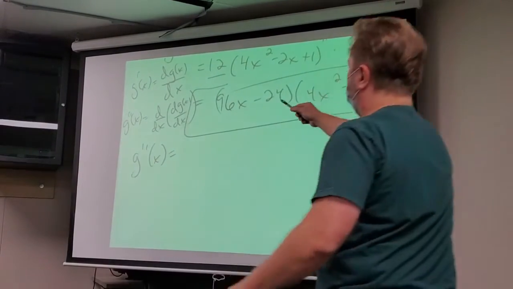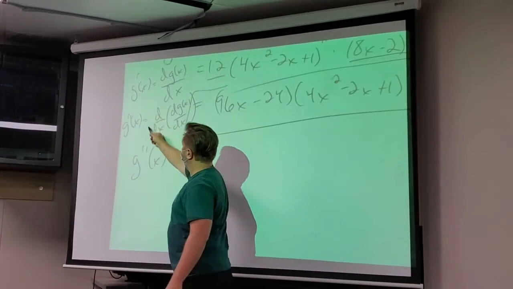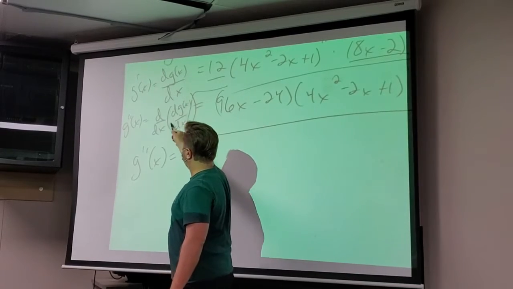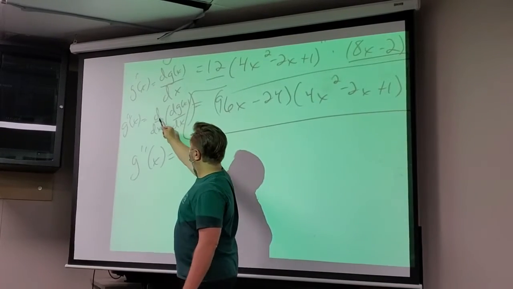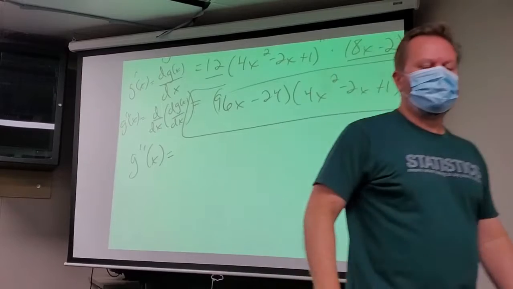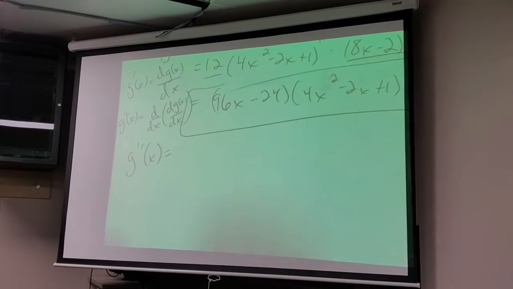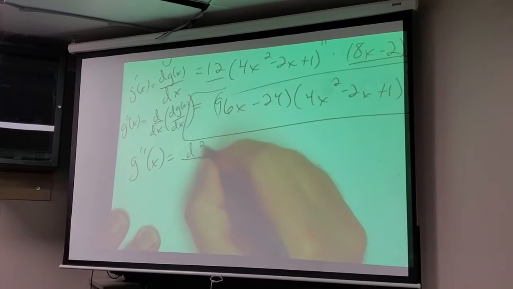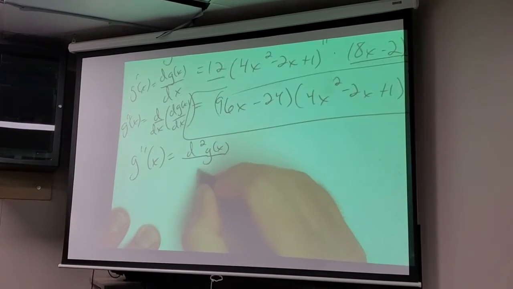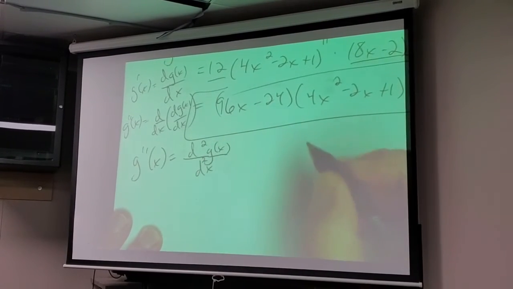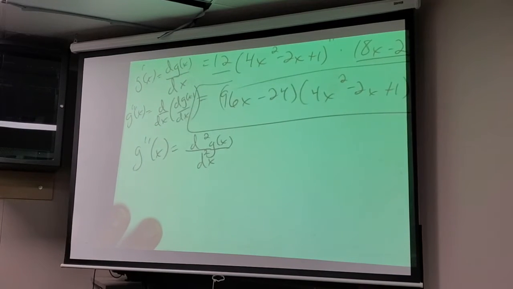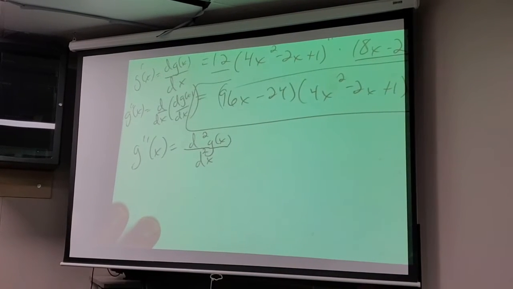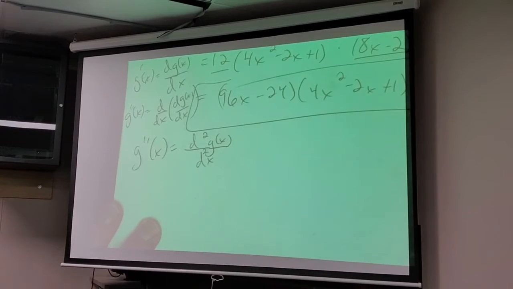So I'm doing a derivative of the first derivative. So it comes out to be d squared over dx squared.